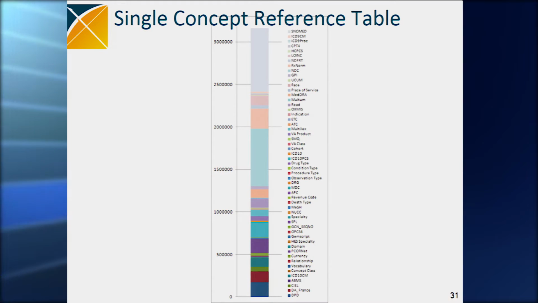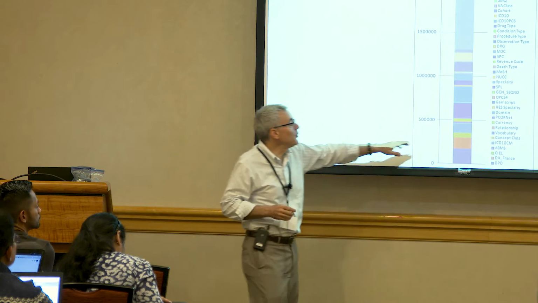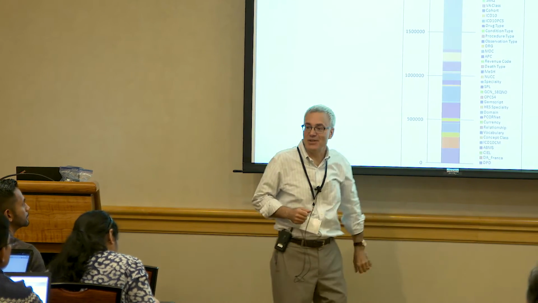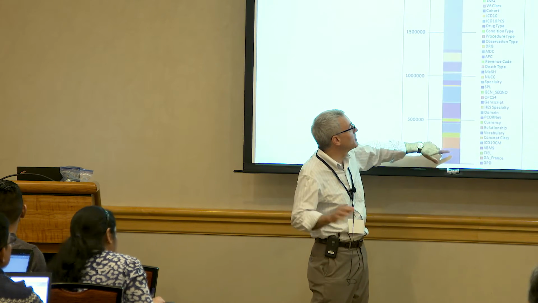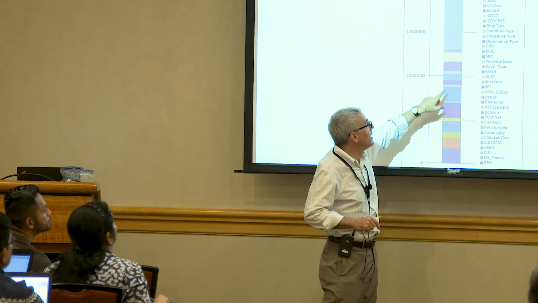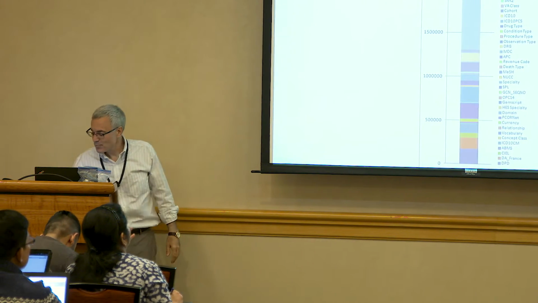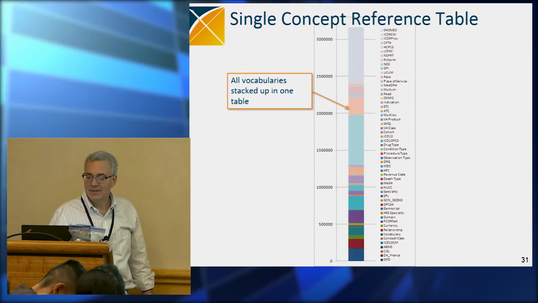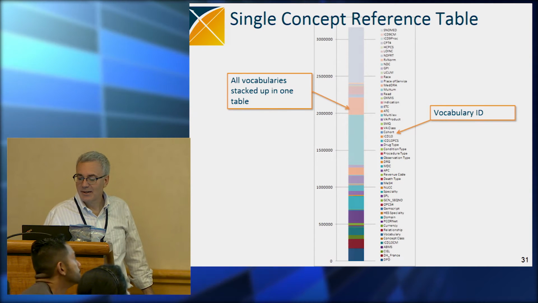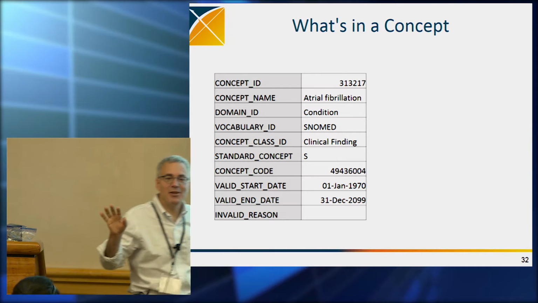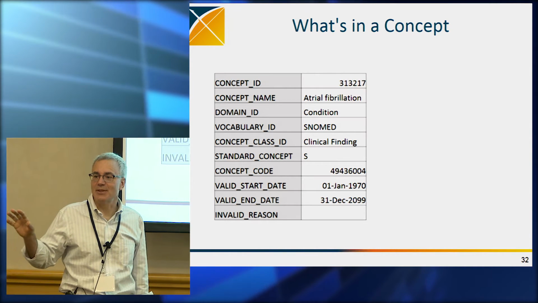Here's the vocabulary. For the most part, we don't build vocabularies, we use vocabularies. And we keep them in one table as a big pile of vocabularies on top of each other. So these are all the almost 80 vocabularies that we have encoded in the OMOP vocabulary, stacked in one table. Those source vocabularies have their own vocabulary schemata.